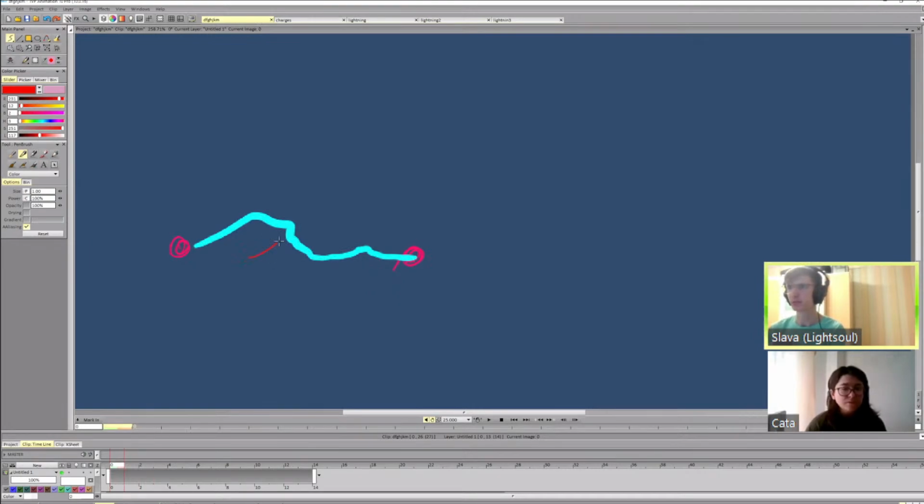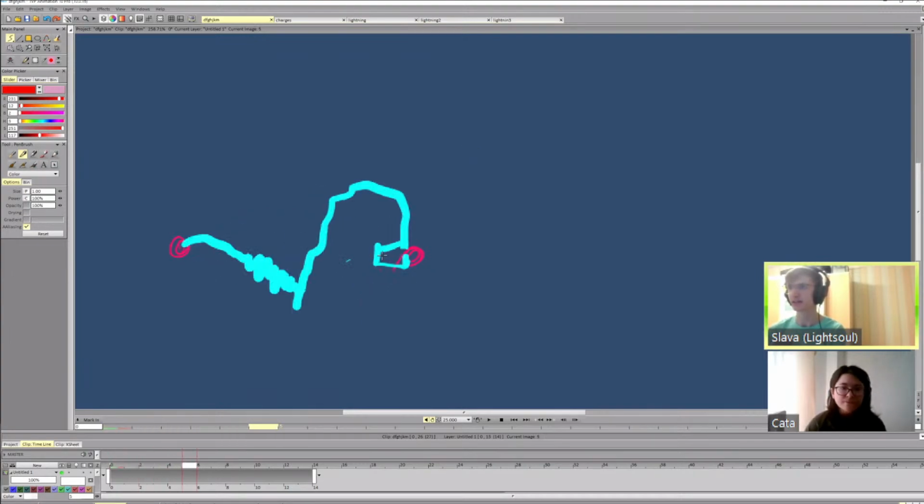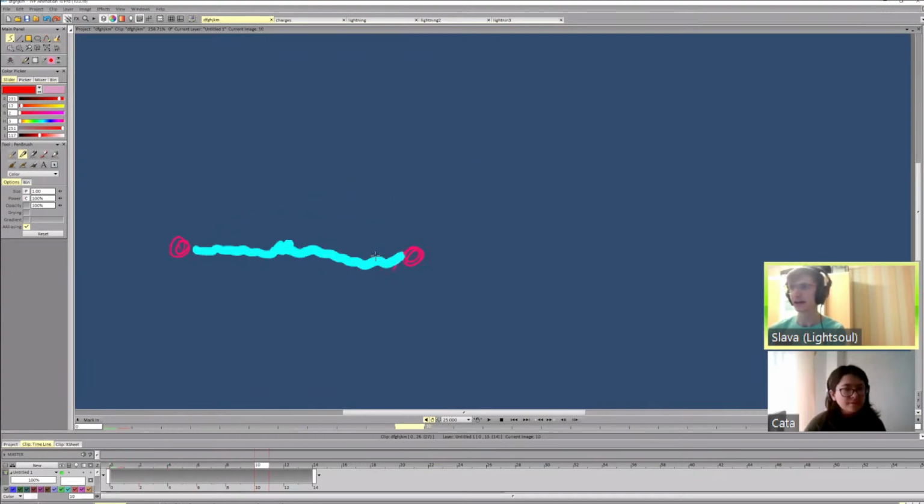If this force pushes here, then we have this force that is opposing it and pushes it down. Then this force pushes it down, and this force pushes it a bit up here. And this creates contrast in terms of design and eventually shape language.